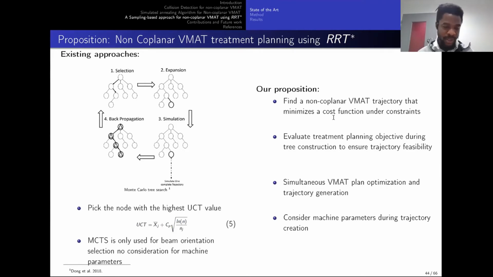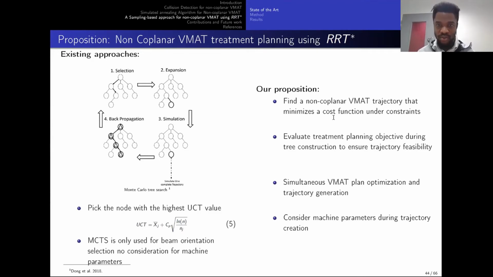UCT is a function of the objective function and a function of the node itself to select the next node. We pick the highest UCT value from all the nodes that are possible to select, and then we make a graph propagation by calculating the new objective function value with that node at the terminal. But in the end, we found that this method only uses the beam orientation for this calculation. It doesn't really consider the machine parameters during this process.